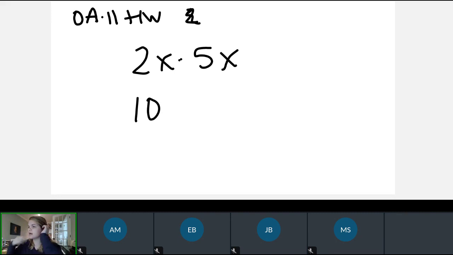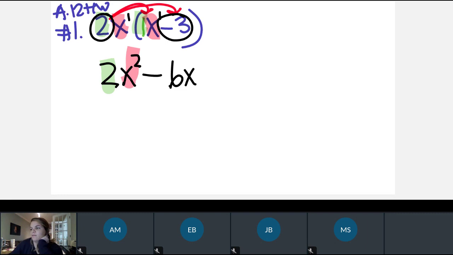Well, no, because x times 1 would be x. What are the exponents here of these x and x? X to the first. Okay, so when we multiply variables, we add their exponents. So this would be 10x to the second.